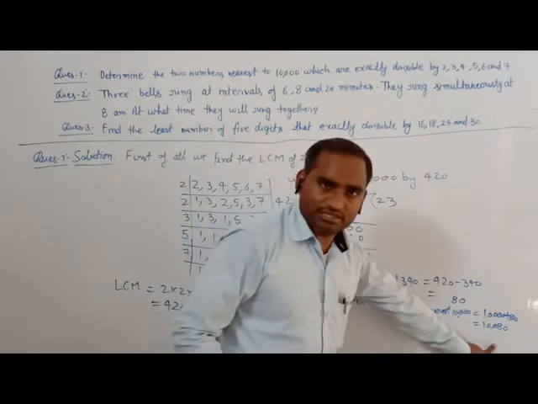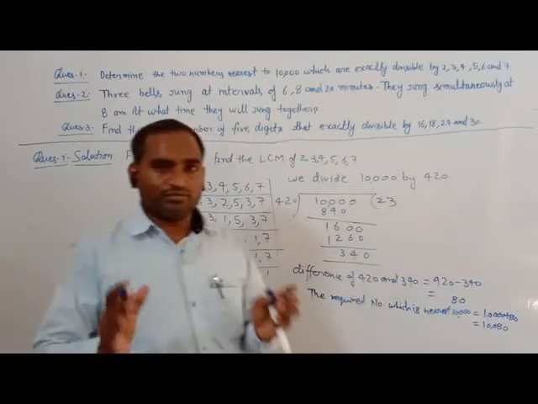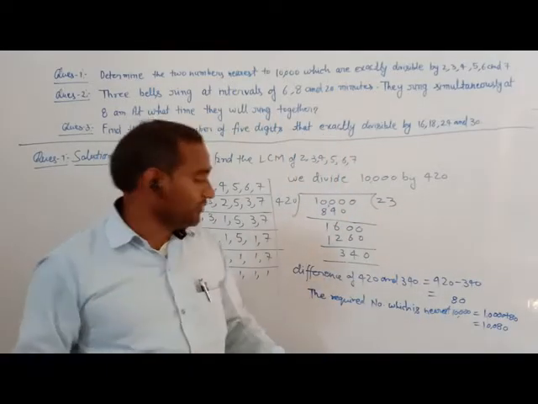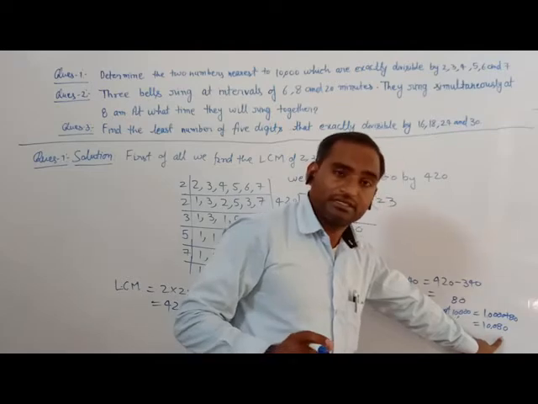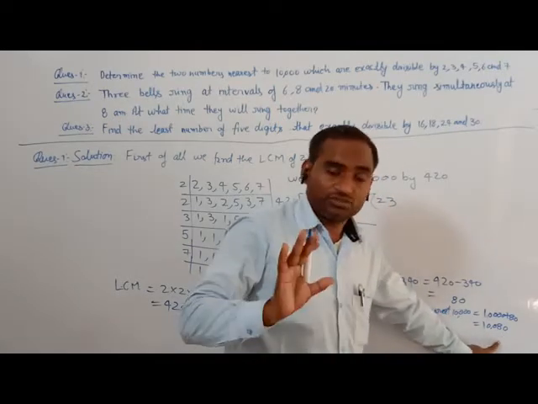This is also nearest 10,000. You have studied round off. If we round off 10,080, the answer will be 10,000.